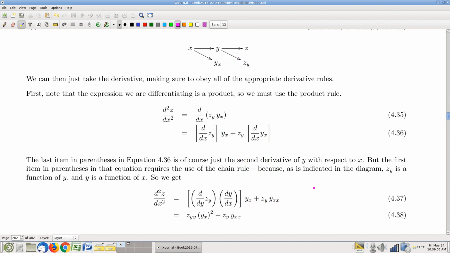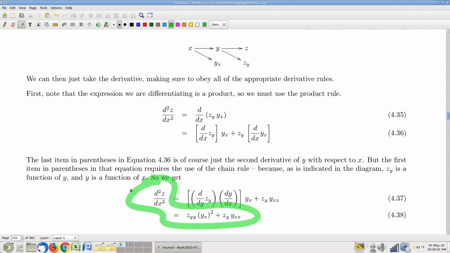All right, and then you can rewrite some more of these things. The derivative of zy with respect to y is just zyy, and notice that dy dx has appeared twice here, as it turns out, and therefore yx squared. Okay, all right. Now, so this is a second derivative chain rule for single variable functions.